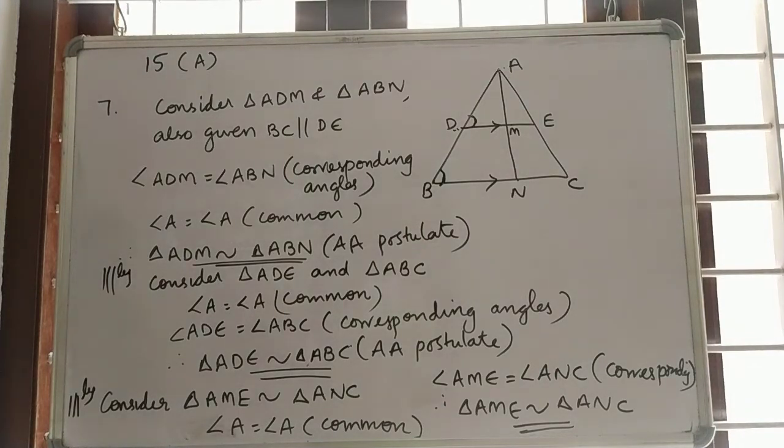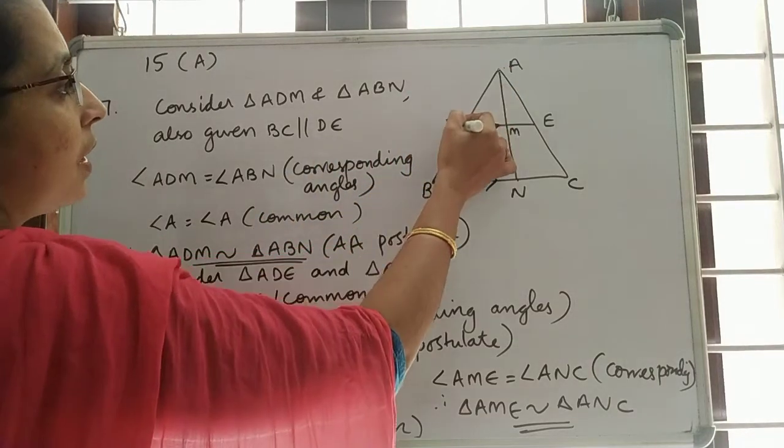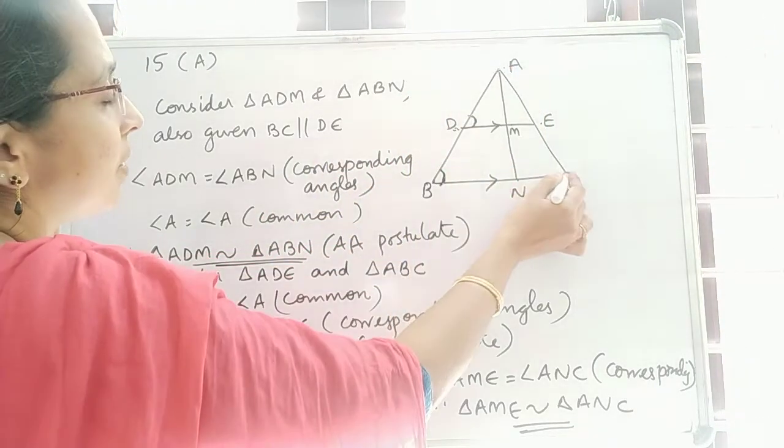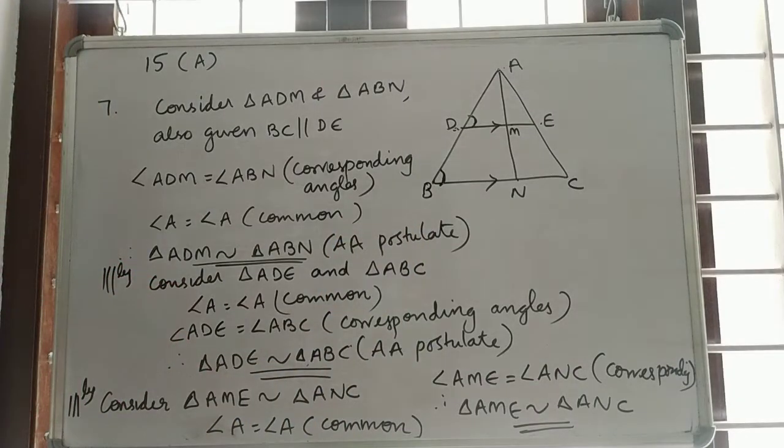Same way we can find out whether the other triangles are similar or not. We want to check it. So for that, consider triangle ADE and triangle ABC. In ADE and ABC, angle A is common.